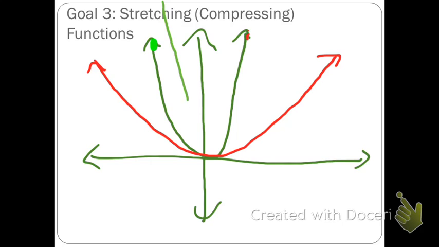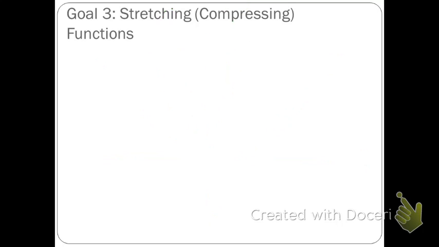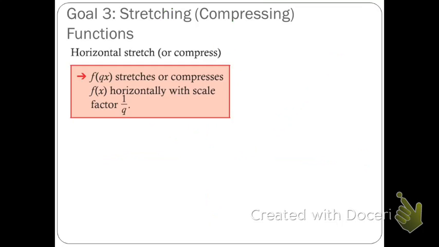And it makes the graph get a little taller like that. Okay, that would be a vertical stretch. And you're going to see what a horizontal stretch and a horizontal compression is as well. But first, let's get right into the rules for stretching a graph. And we're going to look first at the rules for horizontal stretch or compression.